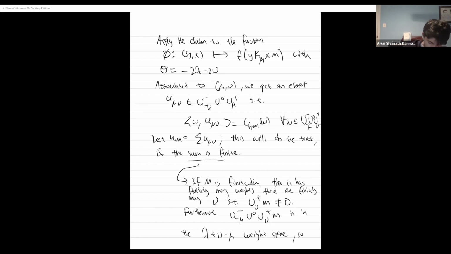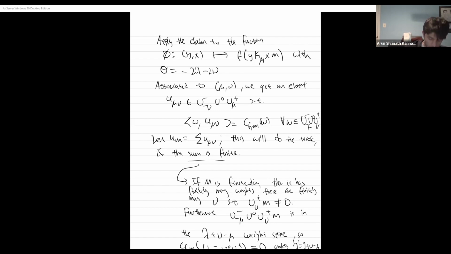And so the pairing of C_F,M acting on the space minus mu is equal to 0 unless the weight of F, which is lambda prime, is equal to lambda plus nu minus mu. Therefore there are only finitely many pairs mu and nu such that this pairing is non-zero, and that tells you that the sum is finite.